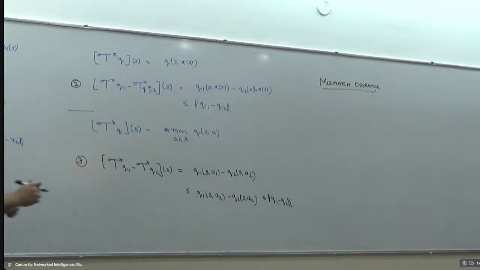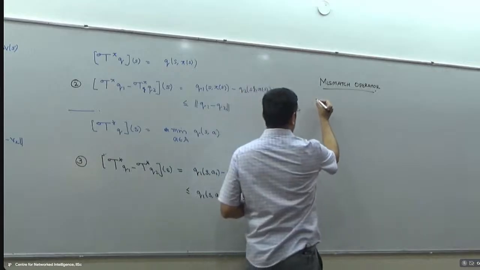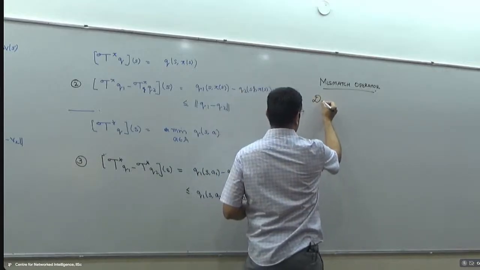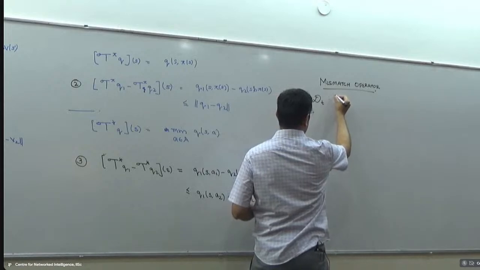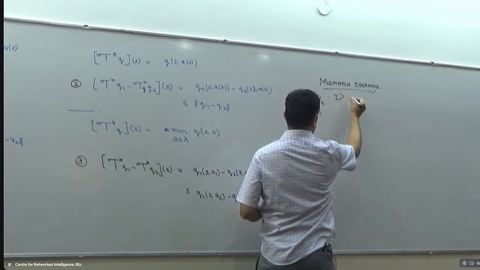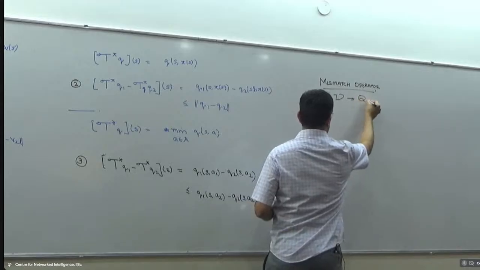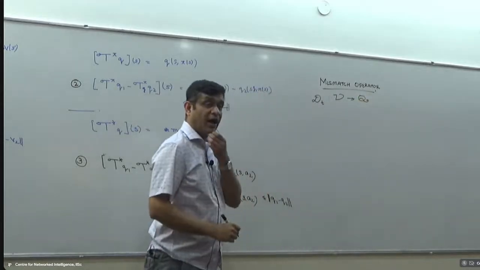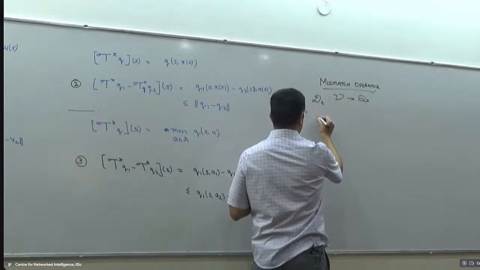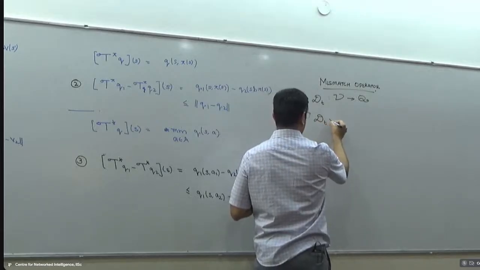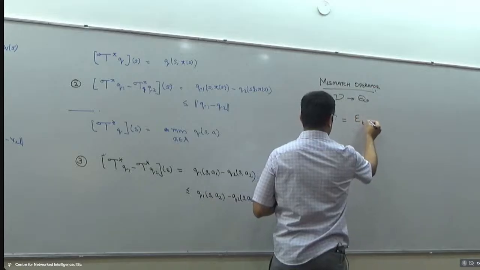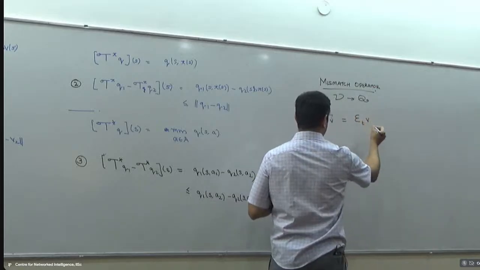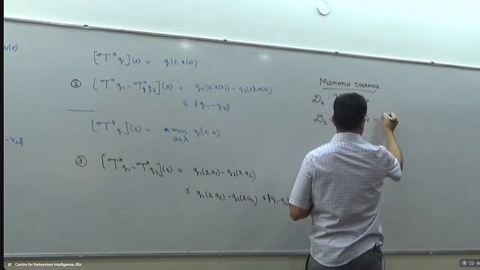And I will say the mismatch operator, which I will call D for difference, D t. This is an operator from the space of value functions to the space of Q functions. And when I apply this operator on any value function V, it is defined to be equal to the environment update corresponding to the true model in V minus the environment update corresponding to the approximate model for V.